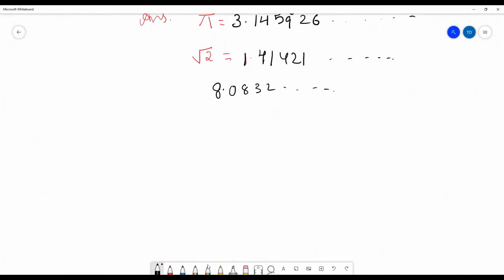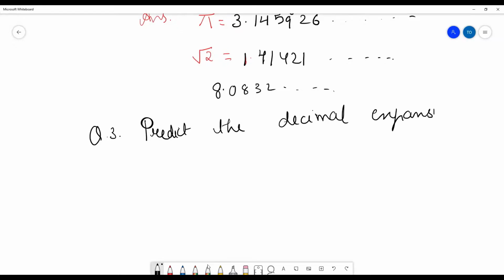Now we will also do the expansions. We will do a question on expanding these decimals without actually doing the long division. So how will you predict the decimal expansion of 2/7, 3/7, 4/7, 5/7 and 6/7 without actual division?